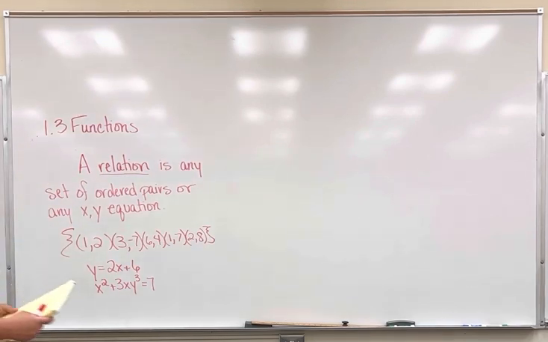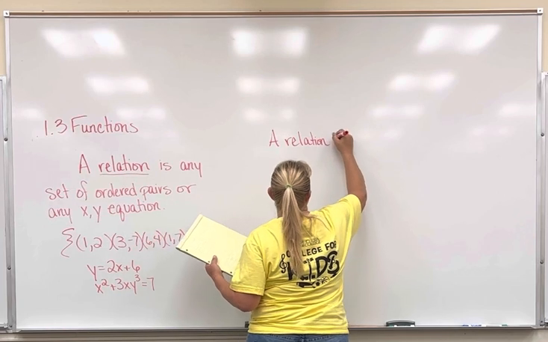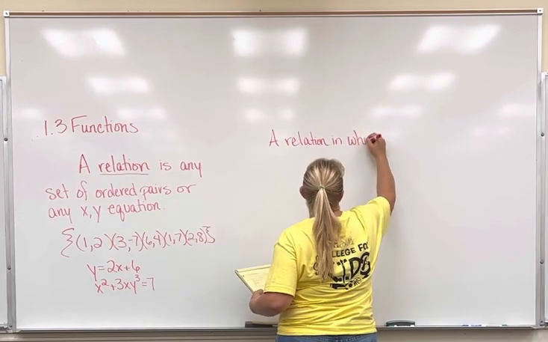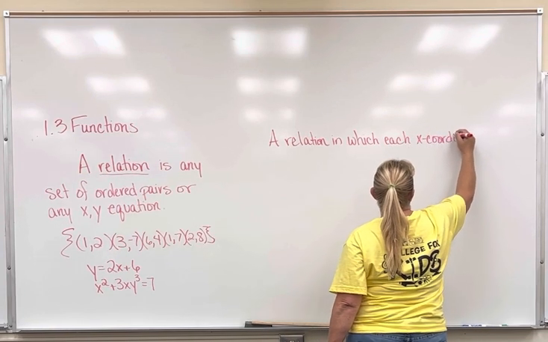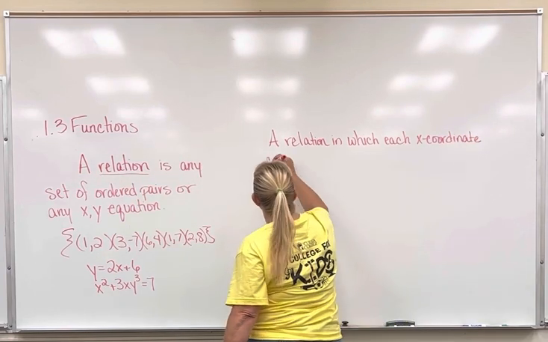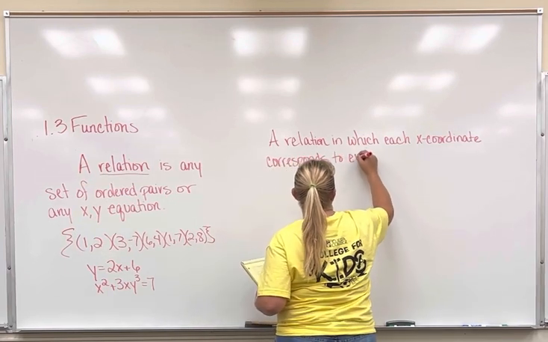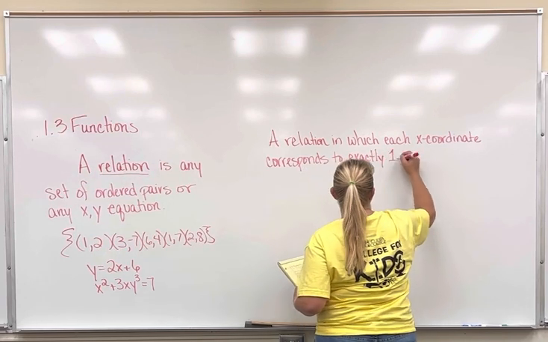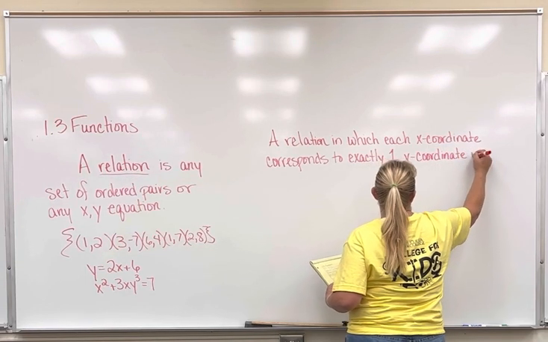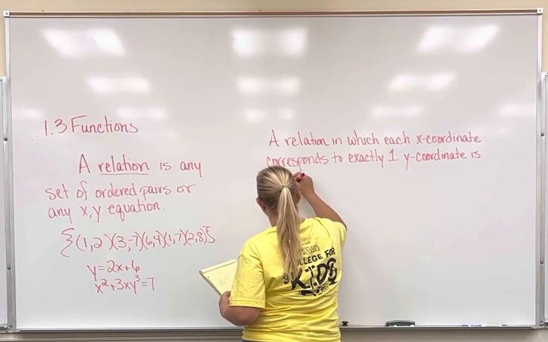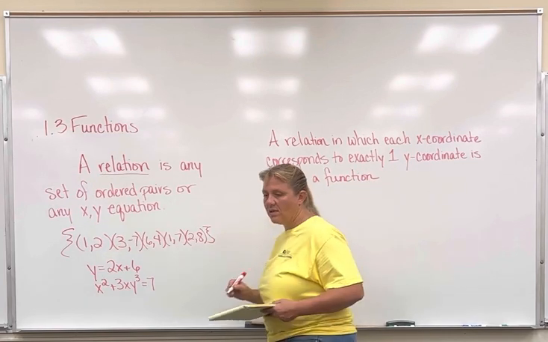So we say a relation in which each x coordinate corresponds to exactly one y coordinate is called a function. It's called a function.